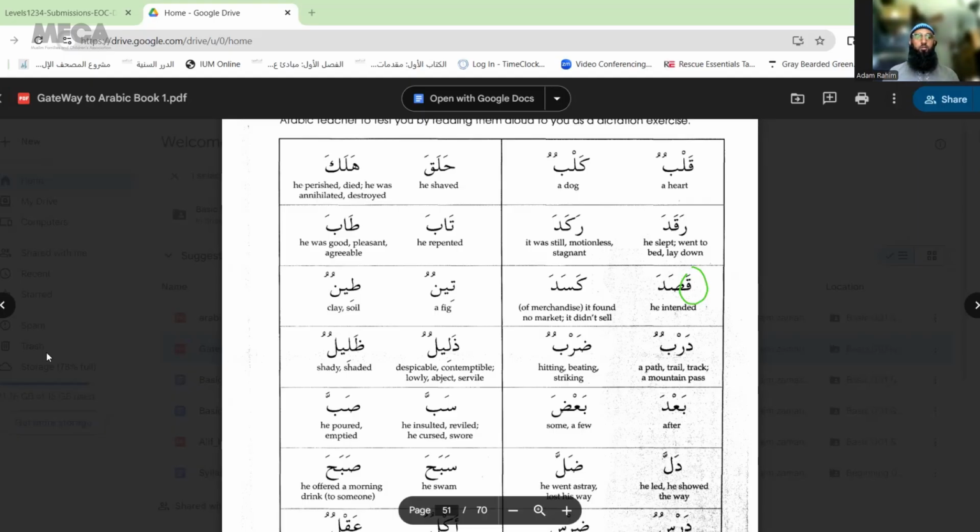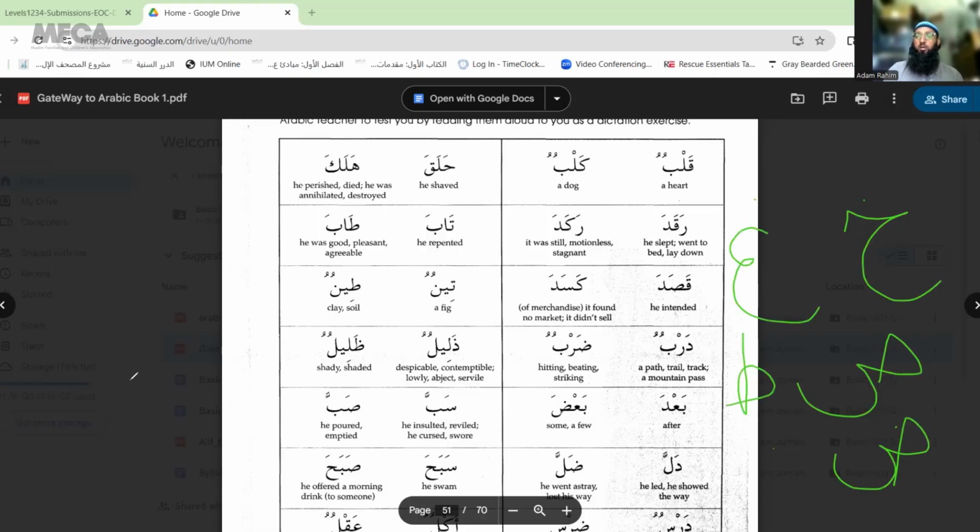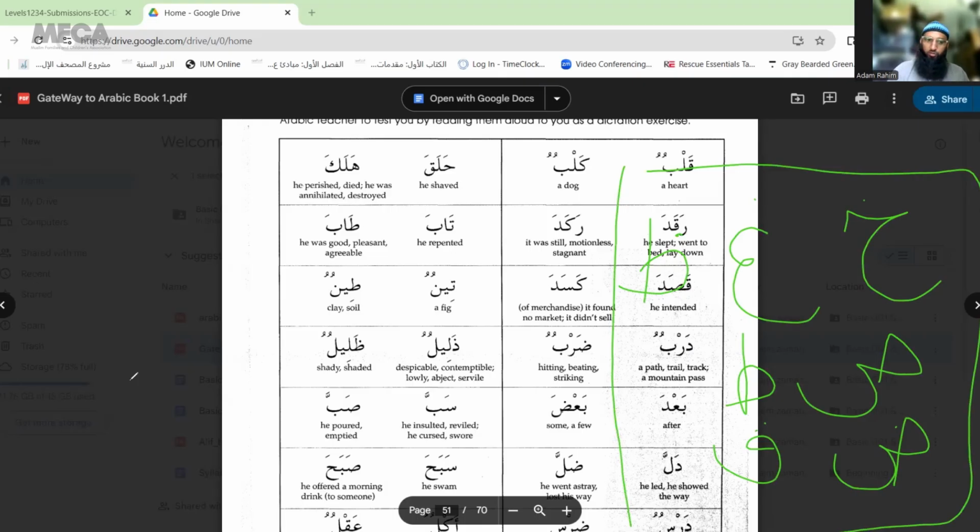We spoke about these letters before. They are kha, sad, dad, ta, dha, ghain, qaf, and the letter za. These are the letters that will always be heavy. What you guys said is correct regarding the letter ra, but that's when it has a fatha or a dhamma on it.